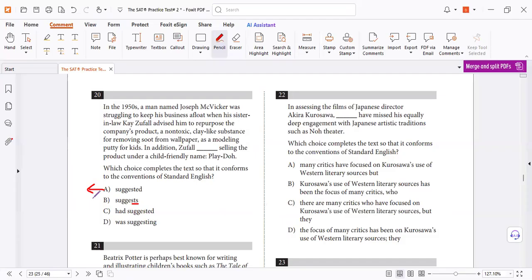Go for the mood of the sentence. Look, a man who was named, was. So what is the mood of the sentence? In addition means addition to that, so at the same time, it must be past. Which one is past? Yes. The present is wrong.